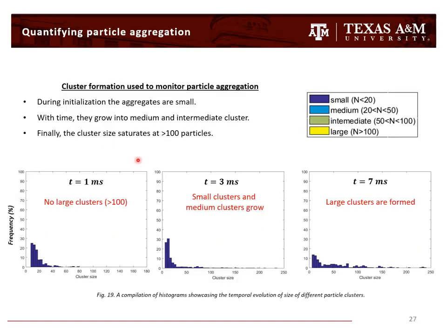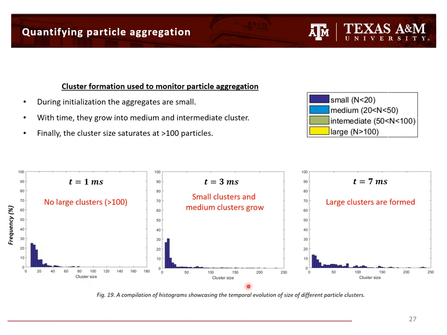Further, to quantify this process, we've plotted the histograms of different size clusters with time. What I mean by different size clusters is basically that different quantum dot particles can aggregate together to form clusters which are small, medium, intermediate, and large. So initially you will find that most of the clusters are small and medium in size.